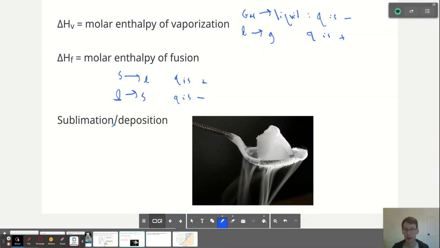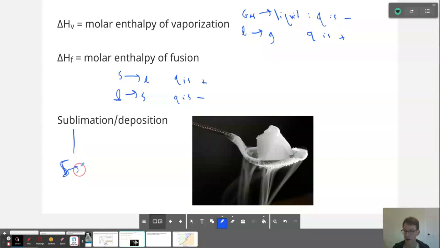There's also sublimation and deposition, which would have values as well if that is something that we're looking at. So, for example, dry ice is something that sublimes. Sublimation is solid going straight to the gaseous phase.